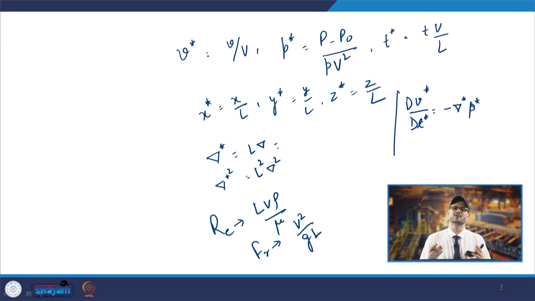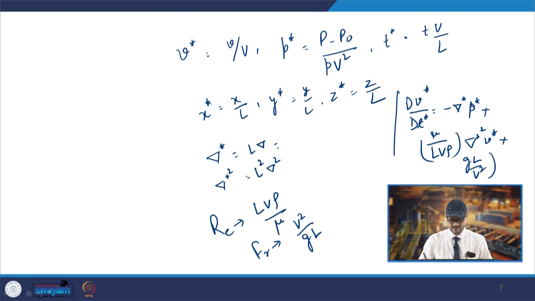You have the first term dou p by dou x or so, and then you get the term like mu by L V rho multiplied by grad star square V star, and then you get G L by V square multiplied by G, so G star is coming.